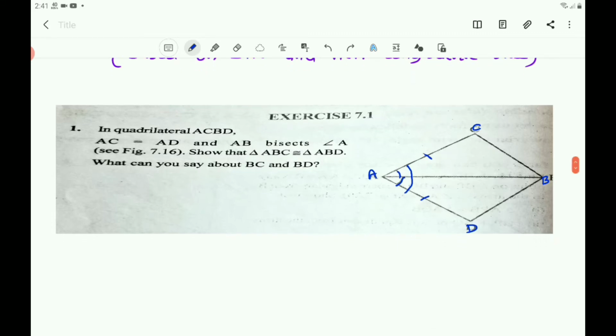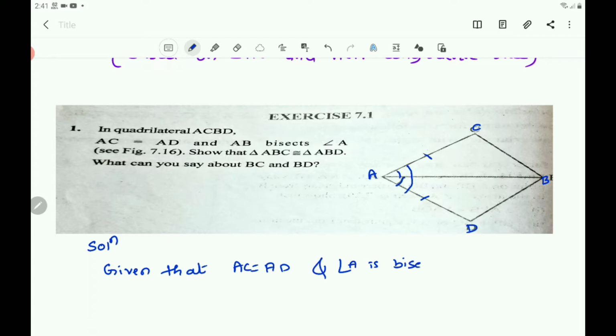Now you write given that. So you take the solution. Given that AC equals AD and angle A is bisected by AB.